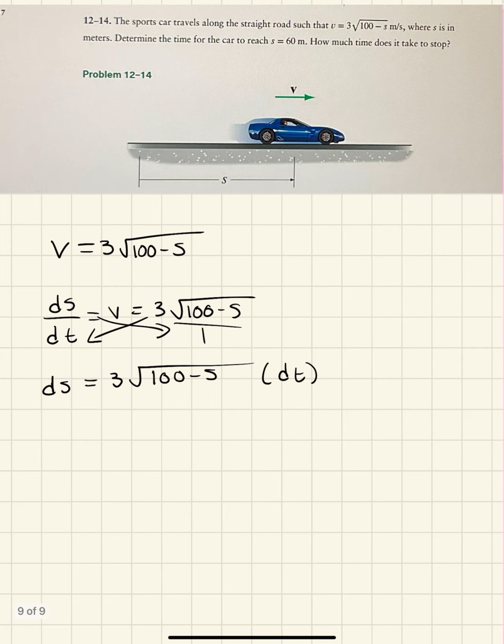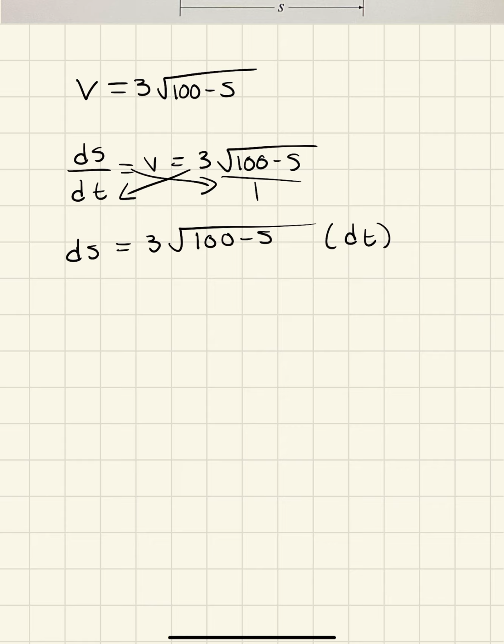Now we can divide by 3 root (100 minus s) to get dt alone. Or actually, we're going to leave the 3 on this side. So we're just going to divide by square root of (100 minus s). You can move the 3 as well, but it makes it a little more work, so I would keep it on the other side.